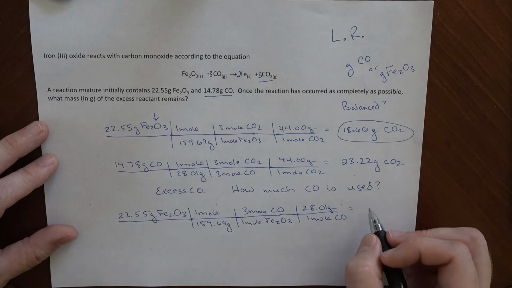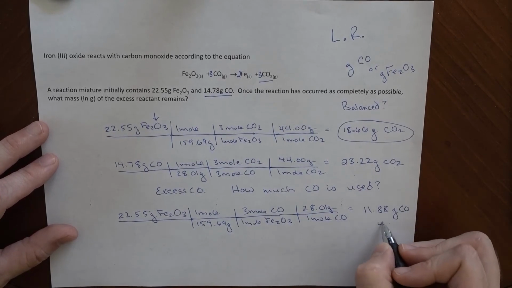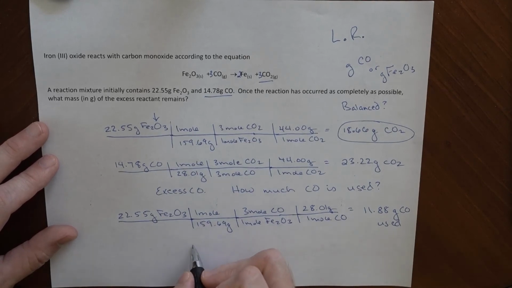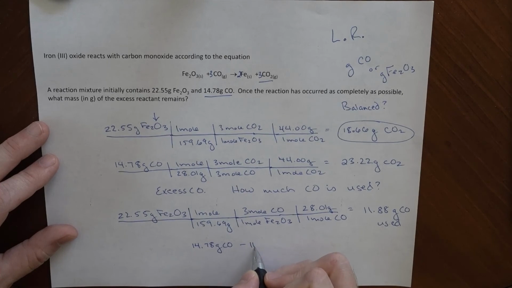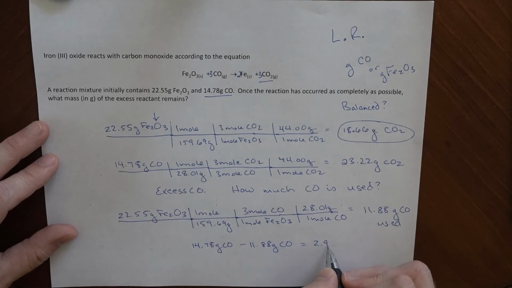When I run that through my calculator, I get 11.88 grams of carbon monoxide, and that is used. Okay, so that's how much gets consumed in this reaction. So in order for me to figure out how much is left, 14.78 grams of carbon monoxide was given, 11.88 is used, and the difference is 2.90 grams of carbon monoxide. That is the answer to my question.